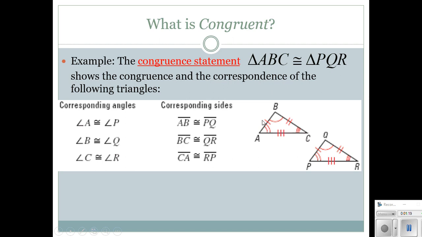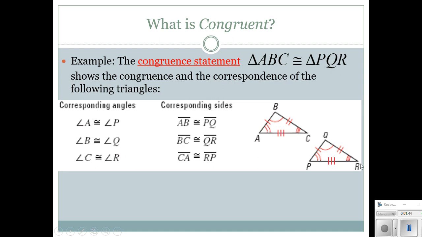So you will see that this angle A, you have two curves like this. Those are congruent. That shows the congruence. One curve, three curves, three curves. Those are congruent. And then if you look at congruent sides, AB is congruent to PQ. You see this one tick mark? That's congruent.